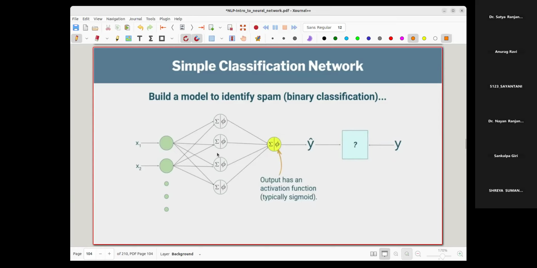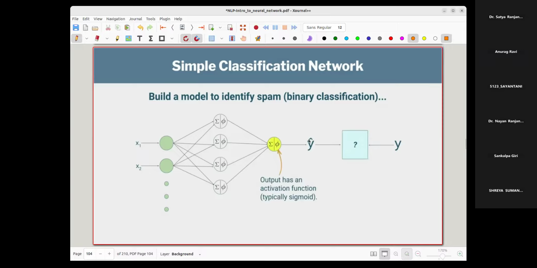Sigmoid is not used here. But if it is a binary classification problem with only one output neuron, remember that you have to give sigmoid. Sigmoid converts the aggregated value into a value between 0 and 1. It will give some probability.